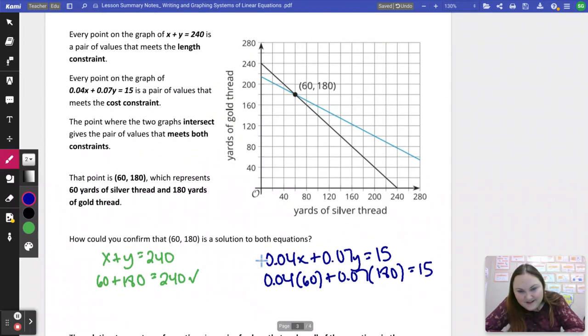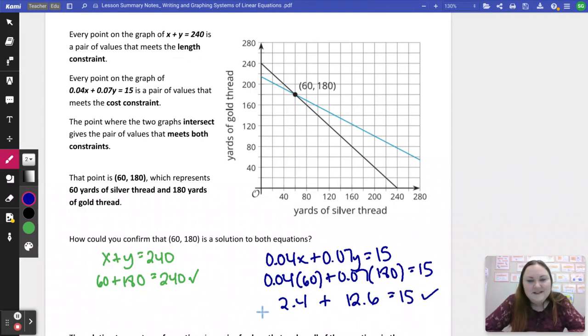This first part here would be 2.4. And then this other one here, my goodness, is going to be 12.6. And that does, in fact, equal 15. That 2.4 is just going to represent you're spending $2.40 on the silver and then $12.60 on that gold thread.